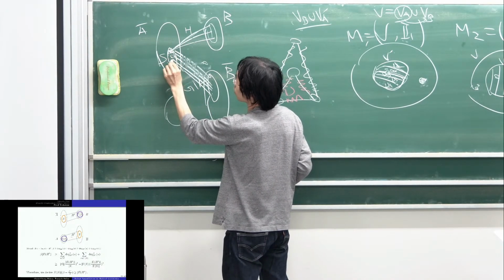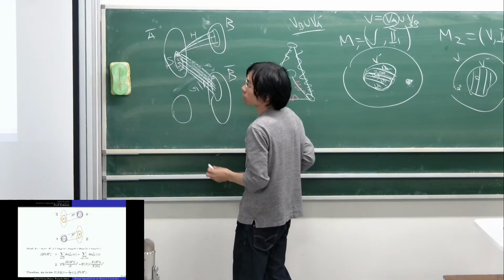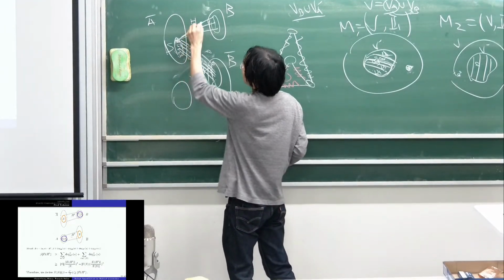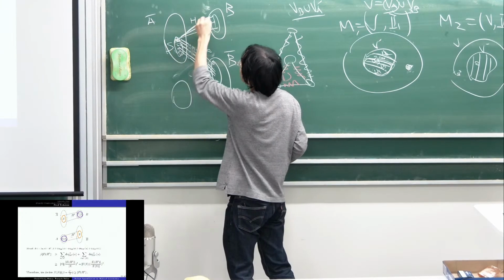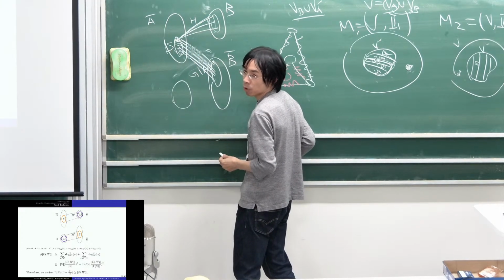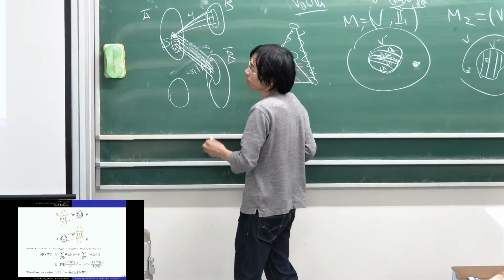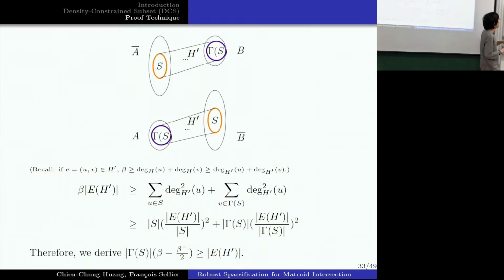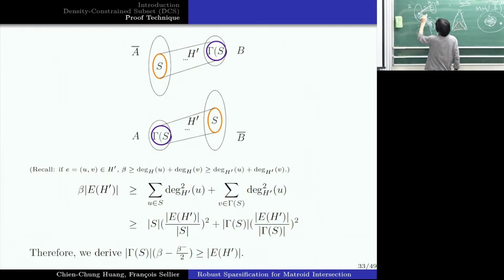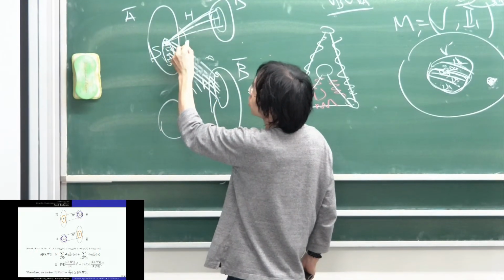I'm going to do the same thing for every vertex. Okay, and then what's the first condition? I say that if this edge is part of the edge, the degree sum of these two together should be at most beta. Okay, so essentially that's what I'm going to do for all the edges.